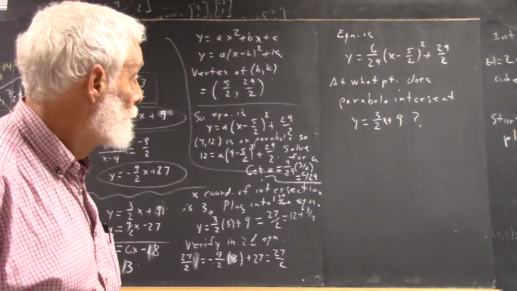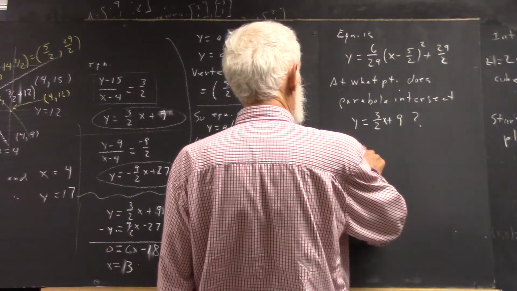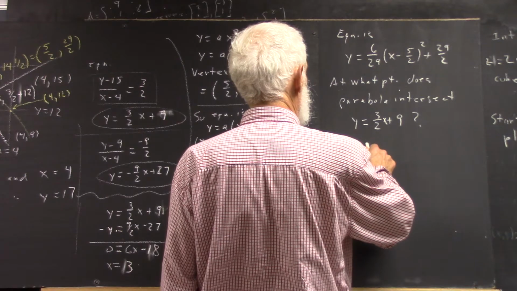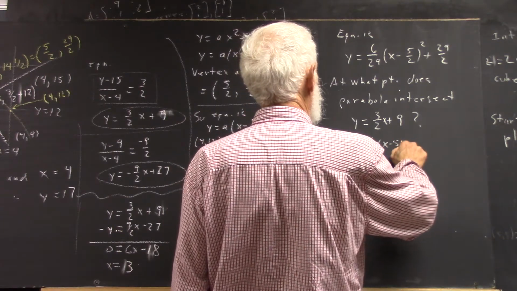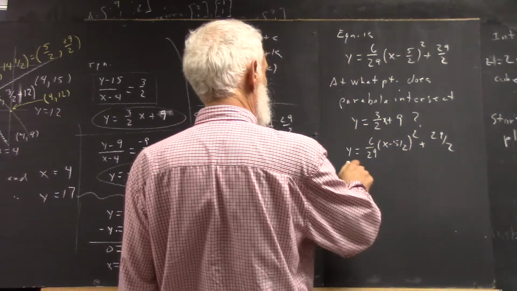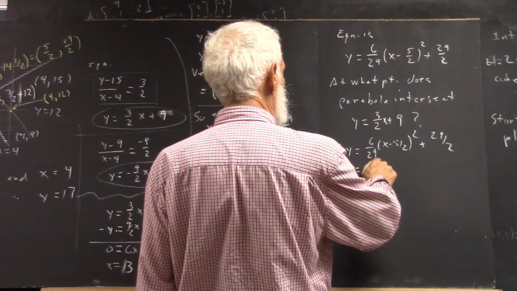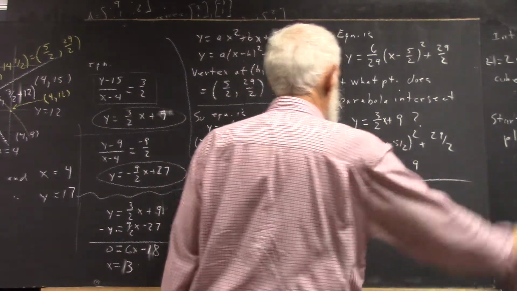Okay? So we could write out y equals 6/29 times x minus 5 halves squared plus 29 halves. And negative y equals negative 3/2 x minus 9. Okay?